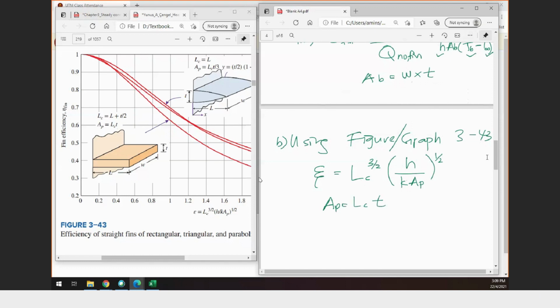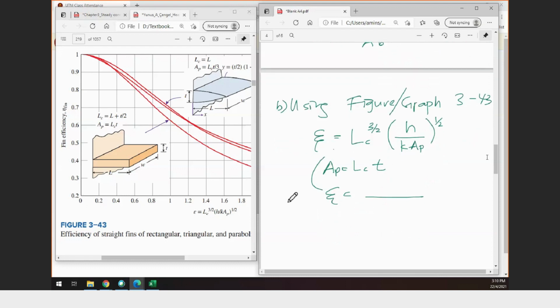So with this value, you can get the value of epsilon, this symbol. I'm not sure what value you should get from the previous answer, but you should get 0.59, okay, 0.6.